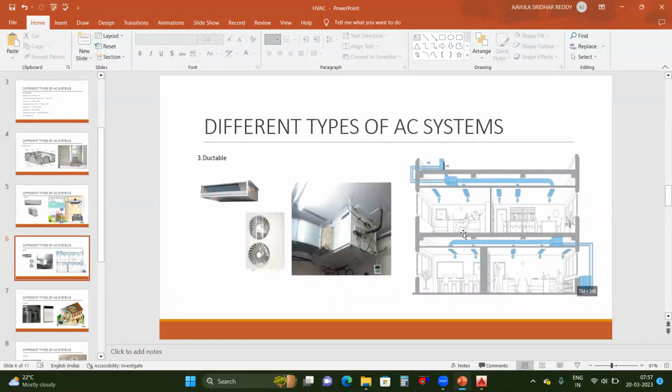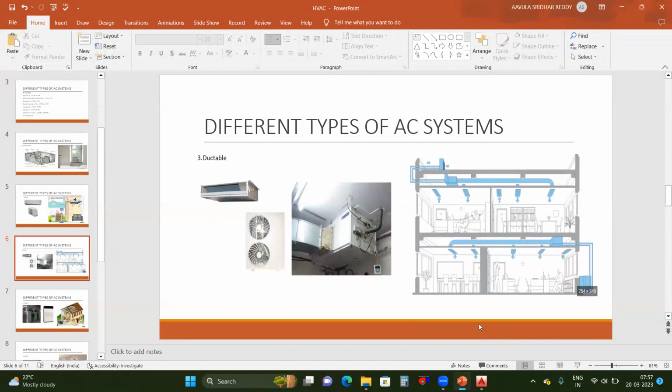Next, on the ground floor we also have the same ductable unit. Same thing: the outdoor unit at the bottom, and the remaining rooms we transfer air to and throw it into the room with the help of air terminals.